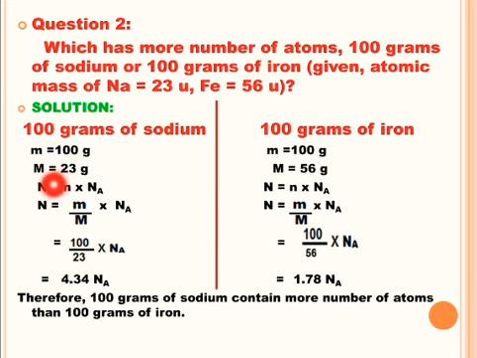And what is the molar mass or gram atomic mass of sodium? That is 23 gram, which is calculated from the atomic mass of sodium, that is 23 U. And what we have to calculate? We have to calculate the number of sodium atoms in 100 grams. Now which formula is to be used to calculate the number of sodium atoms in 100 grams?